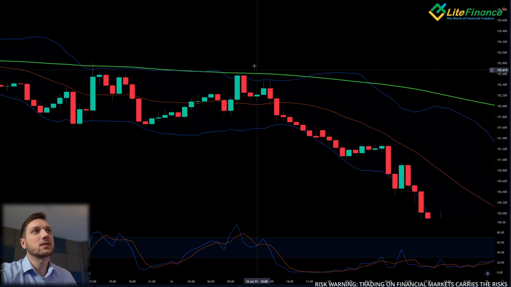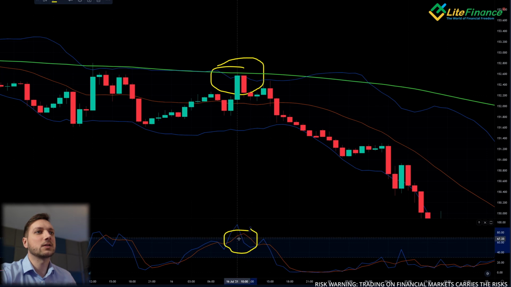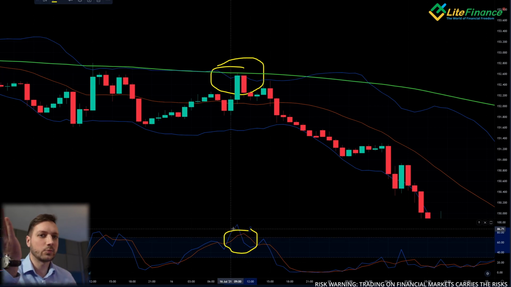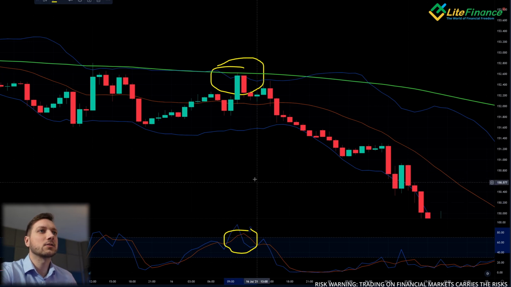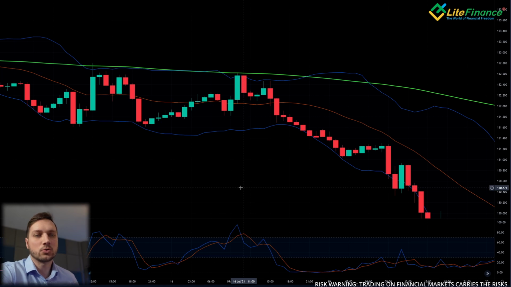Second, we see that the price is at the upper Bollinger Band and the stochastic gave us a crossover signal. This blue line crossed the orange line from the top to the downside, and this is for us the trading signal for entry in a short trade.